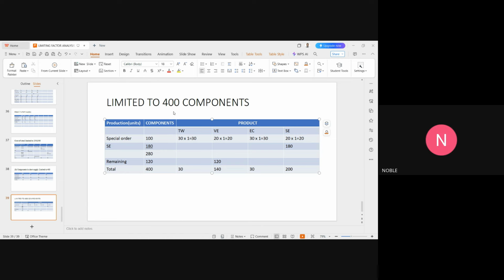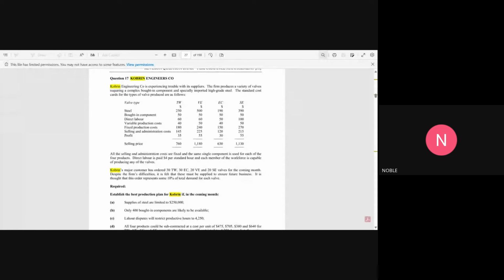I think it will follow the same method as the one we just concluded. All right. So what is that method? We just look for the contribution for each of the products, which remains the same.